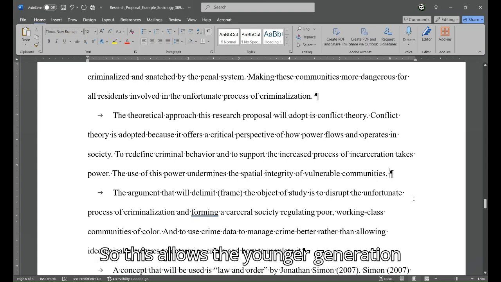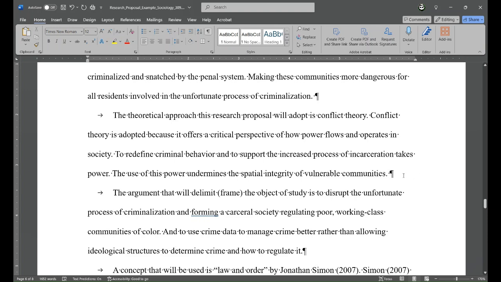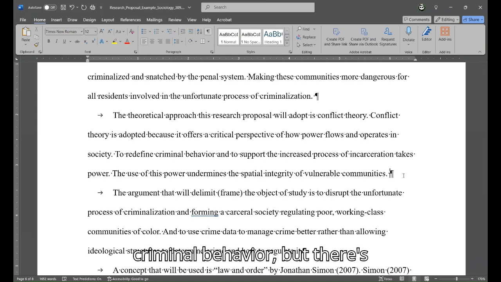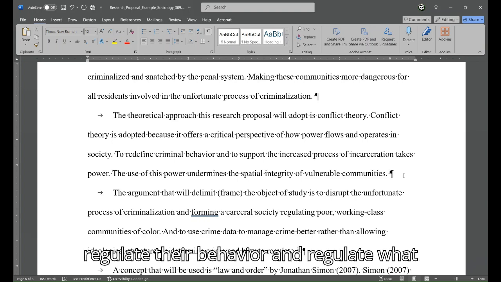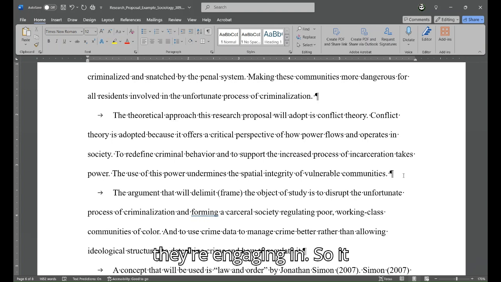So this allows the younger generation to participate in delinquent criminal behavior, but there's a lack of an older generation to try to regulate their behavior and regulate what they're engaging in. So it actually makes the neighborhood much more dangerous and less safe.